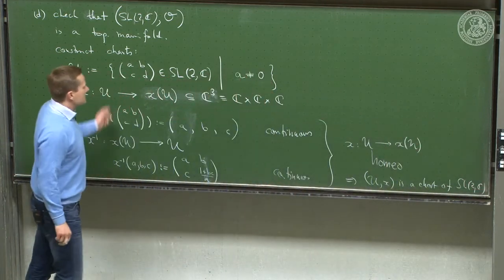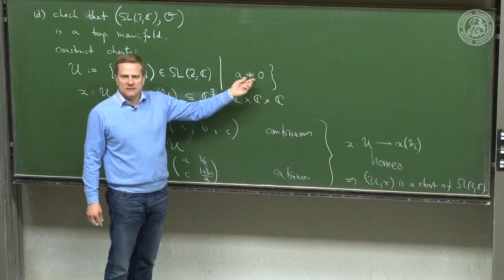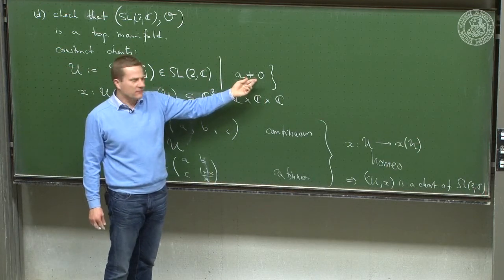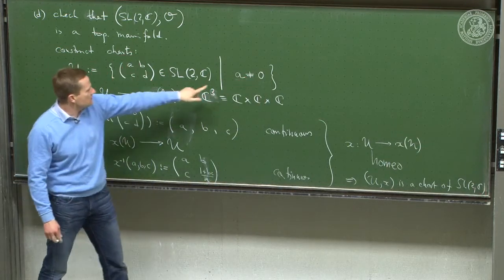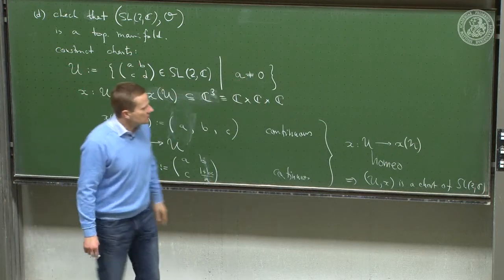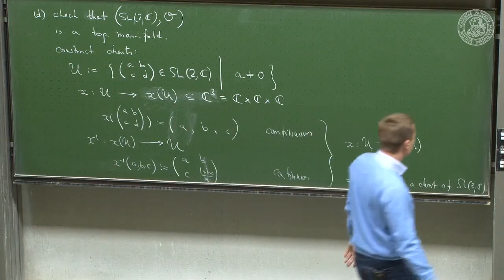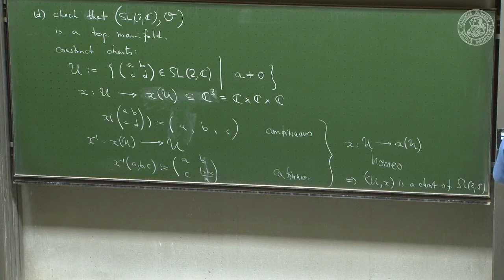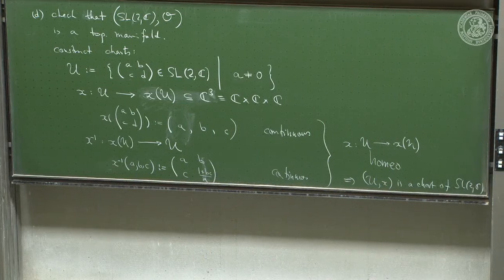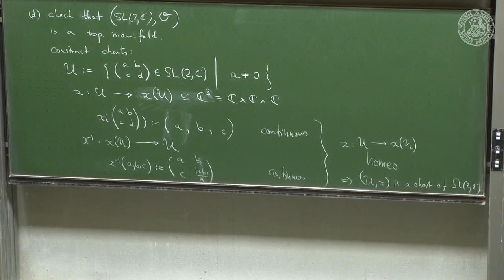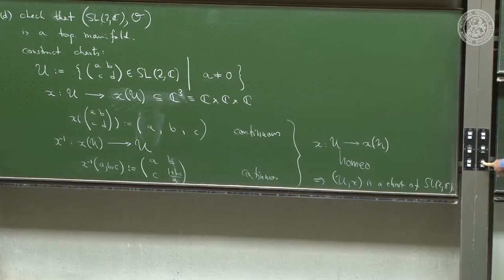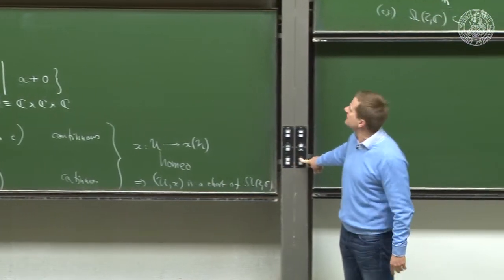But this chart doesn't cover all of SL2C because there are a number of SL2C transformations, namely all those with A equals 0, they're excluded, right? So there is no other way but to construct at least one more chart, and let's see whether we can cover, and it's really worth writing it down.